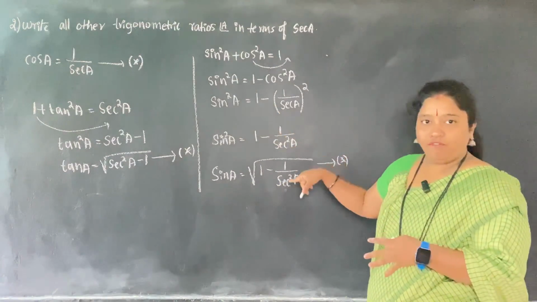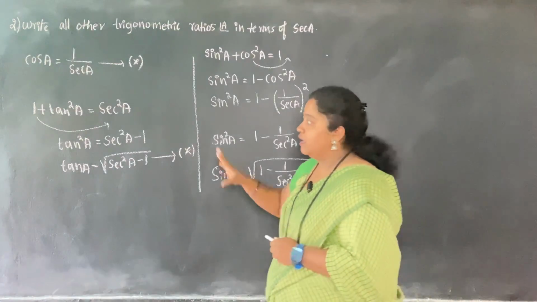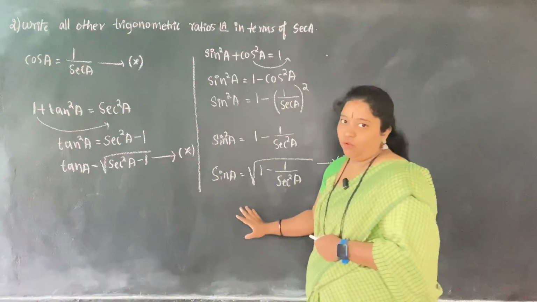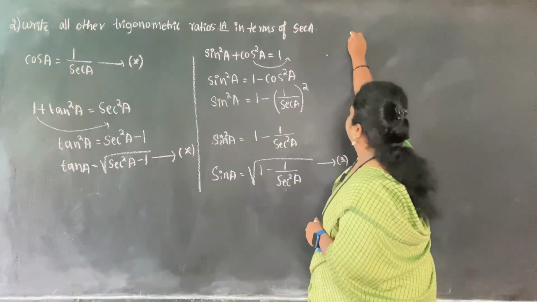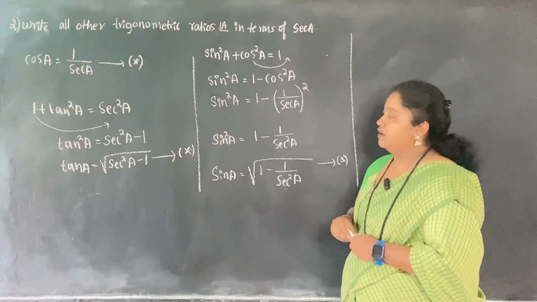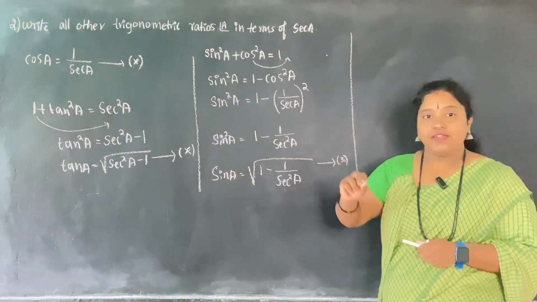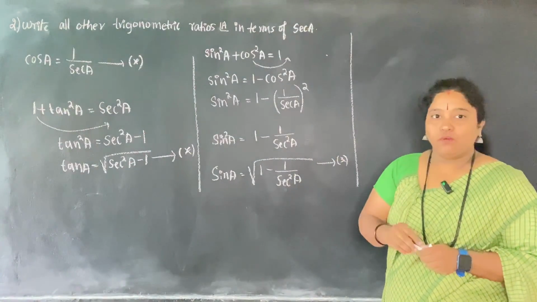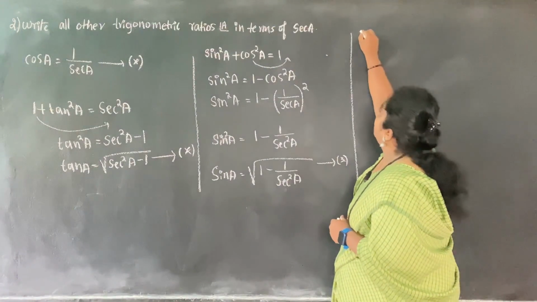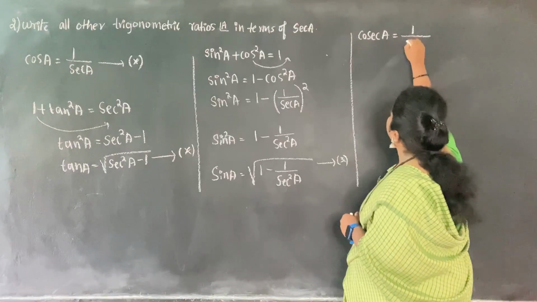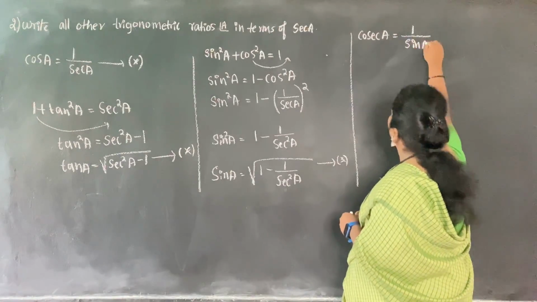Now we have done three trigonometric ratios: cos, tan, and sine also. Now we'll move to the next one. Dear, sine and cosec are linked with each other, that we know. What is the relation, dear? Cosecant theta is the reciprocal of sine theta.